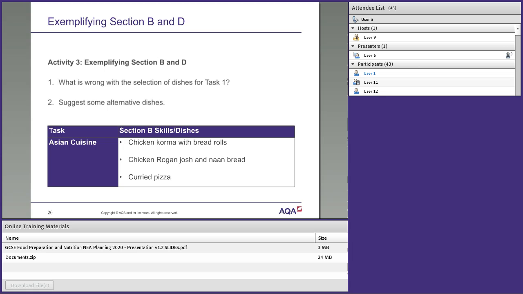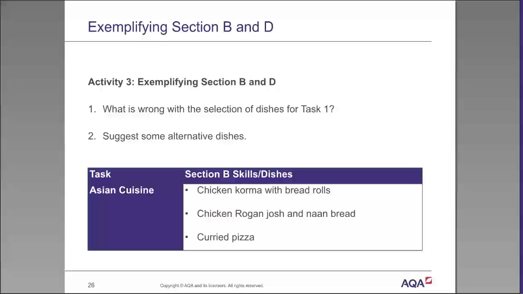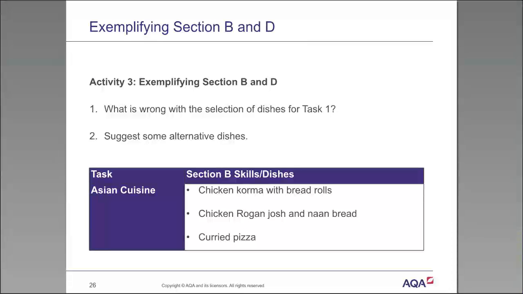We're going to do an activity where we are going to look at exemplifying sections B and D, and on your screen now you will see an example of the Asian cuisine that we completed a few years ago, and the 3 dishes that the students chose to make. I'd like you to look at the 3 dishes and first of all tell me what is wrong with the selection of dishes for task 1, and then can you suggest some alternatives.